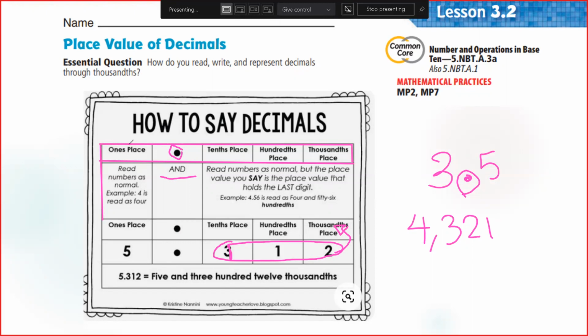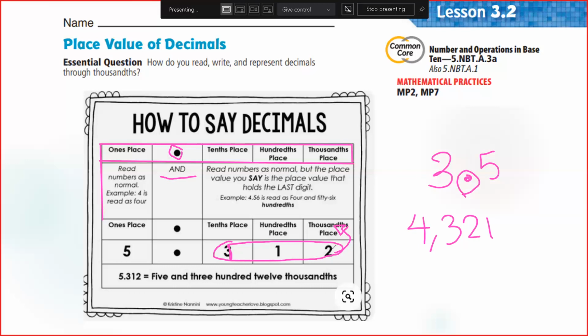So first, you have to read the numbers as normal, the first one here, say it's 4, it's 5, as you want. At the decimal point, say and, then go to the numbers to the right of the decimal point. Read them as normal. Say, okay, 312, 21, 72, as you want. But you must write where you stopped.